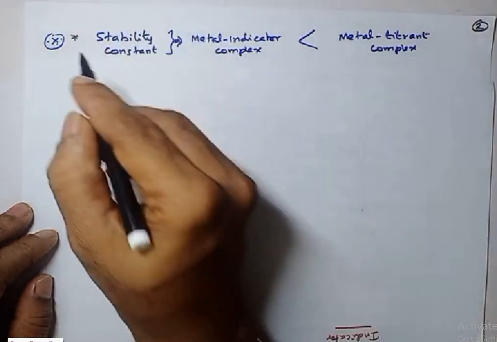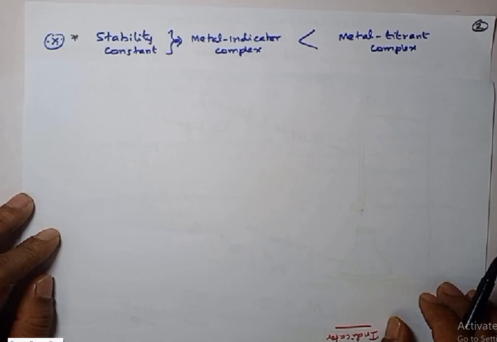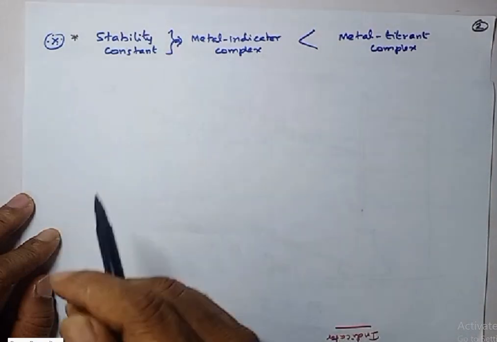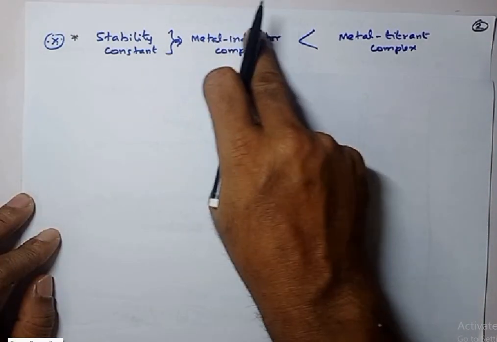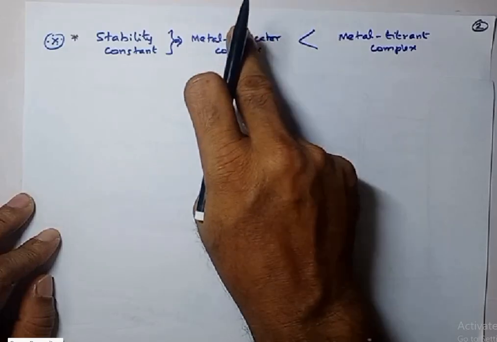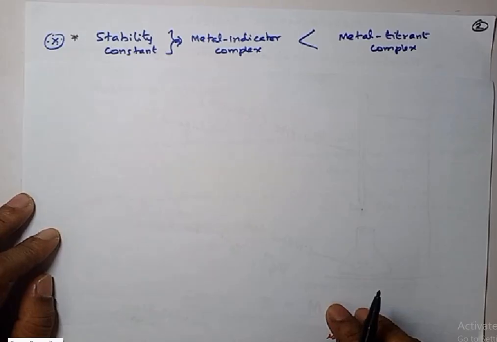This is very, very, very important. You should keep in mind. If you want to carry out complexometric titration, you must choose an indicator in such a manner that the stability constant of the metal indicator complex is less than the stability constant of the metal titrant complex.